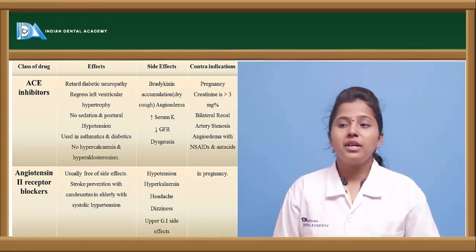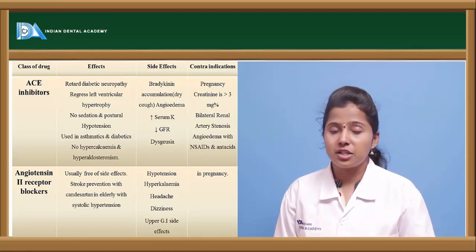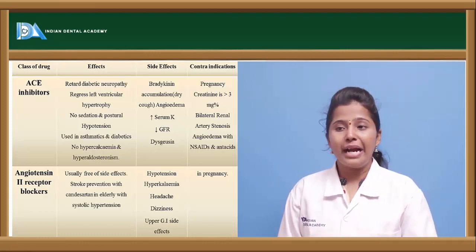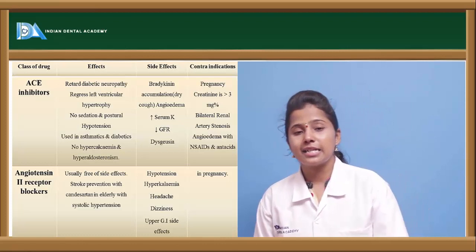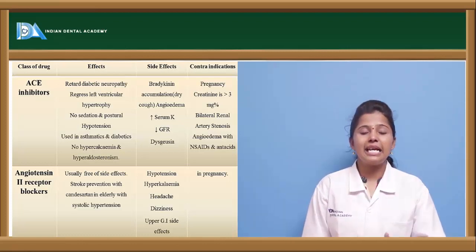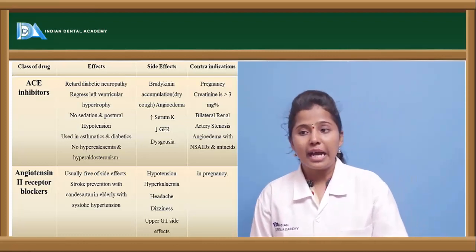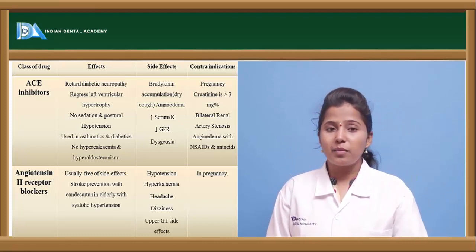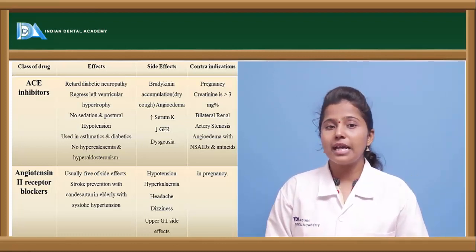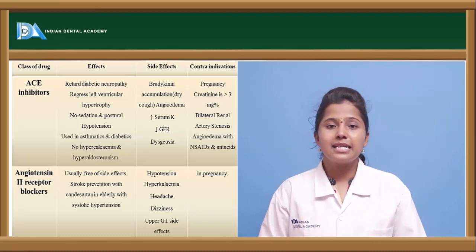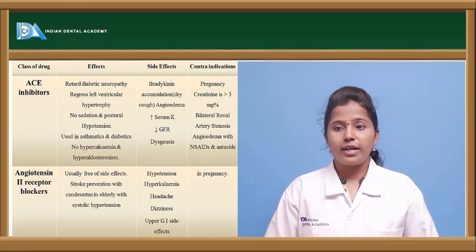They should also not be given in bilateral renal artery stenosis and angioedema with NSAIDs and antacids. NSAIDs are non-steroidal anti-inflammatory drugs, and if the patient is suffering from angioedema or taking NSAIDs and antacids, then ACE inhibitors should be contraindicated.